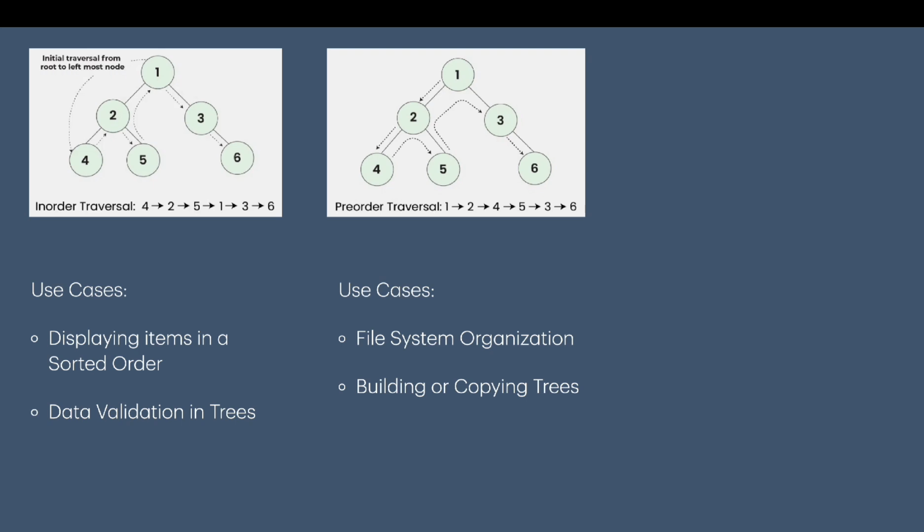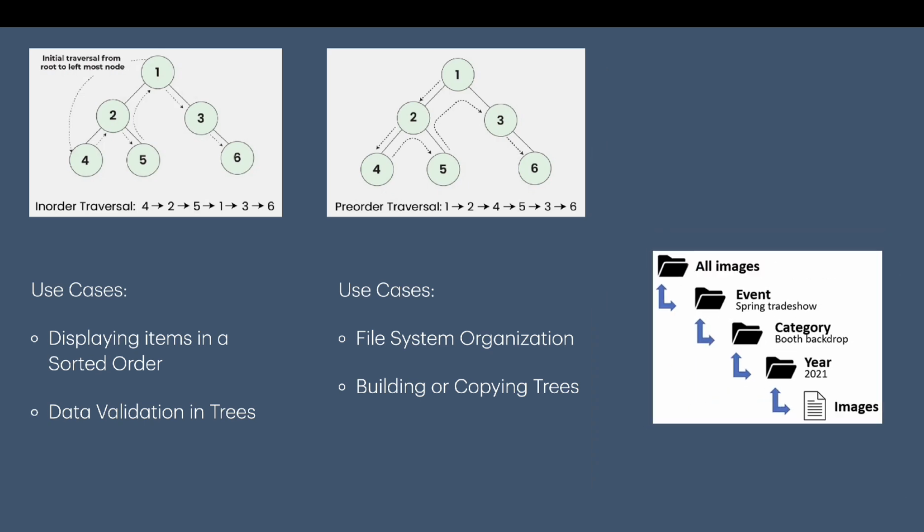You can use the pre-order traversal in such applications as file system organization or building or copying trees. Think of a file system where each directory or folder contains subdirectories and files. This structure can be represented as a tree. You get an organized display where each main directory appears before its nested folders and files, which is ideal for a hierarchical directory listing.